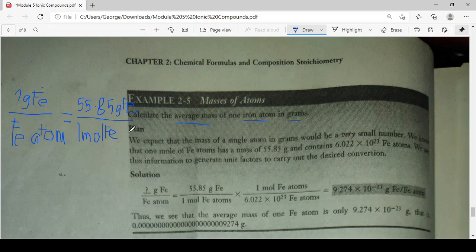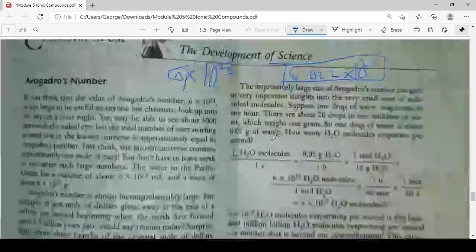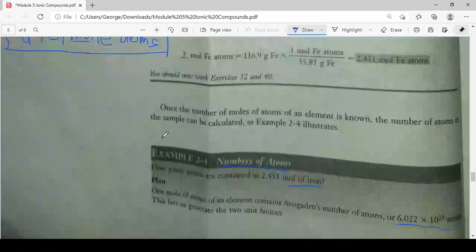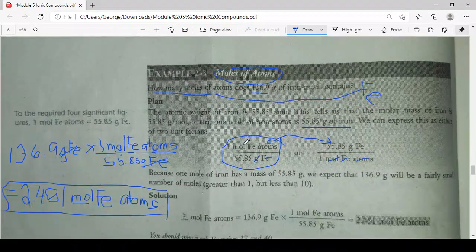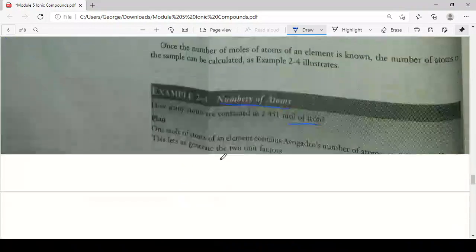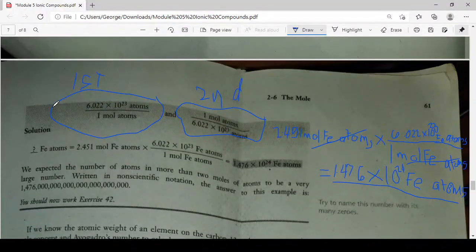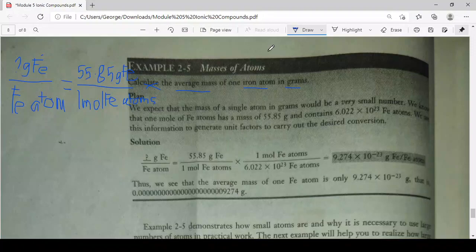Again, to get your average mass, we are using the number of atoms and the moles of atoms. So look at your formula and your average. First, we put the atomic mass.